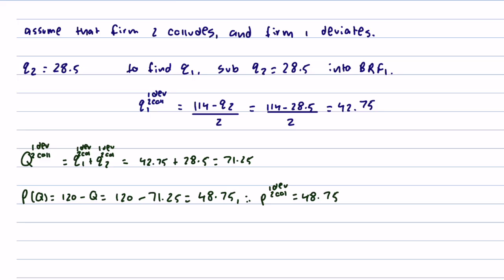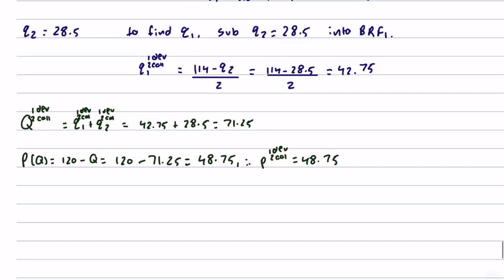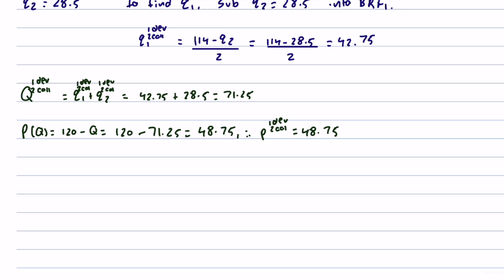Now we have to find profits, right? We know that the two profits are not going to be equal to each other, because firm 1 is clearly setting their output way higher than firm 2. They're deviating. So profit 1 is equal to the price minus the cost times however many units firm 1 sets, given that they deviate and firm 2 colludes, which is equal to (48.75 minus 6) times Q1, and recall that Q1 is equal to 42.75.